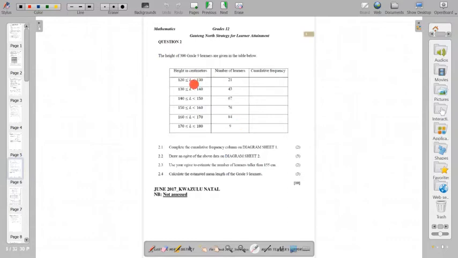Okay, and what's the idea of using the midpoint of intervals is actually this. We know 21 learners have heights between 120 centimeters and 130. Now, we don't know the individual heights of these 300 learners. You see, we have to estimate it. And that's why, as a best approximation, as a best estimate, we take the midpoint.